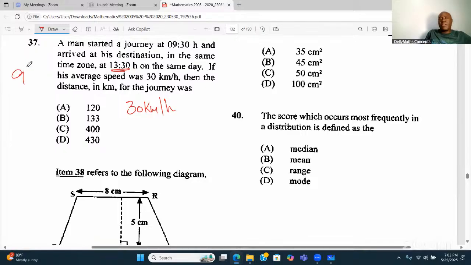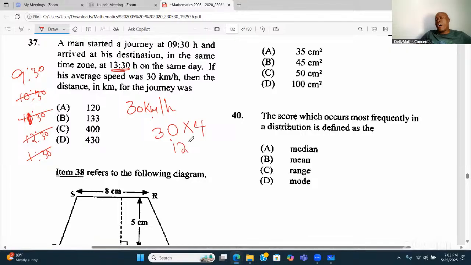So if you're traveling from 9:30, by the time you reach 10:30, that's 1 hour, 11:30, 12:30, 1:30. So 1 hour, 2 hours, 3 hours, that's 4 hours passed, okay? So we're saying then for every hour you're doing 30. So 4 hours times 30.